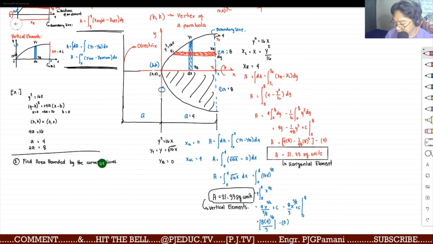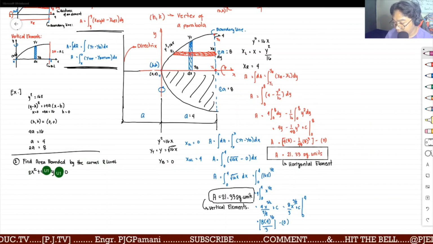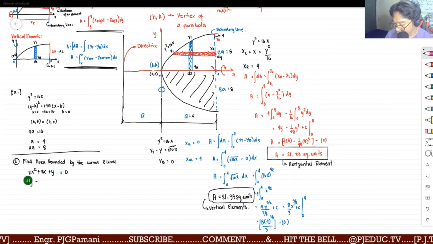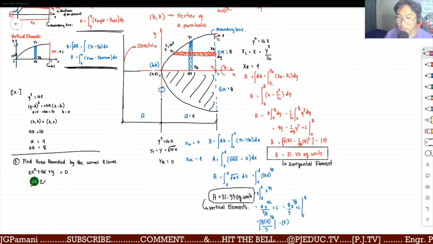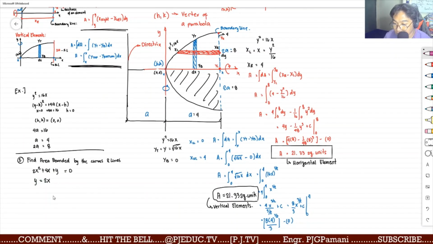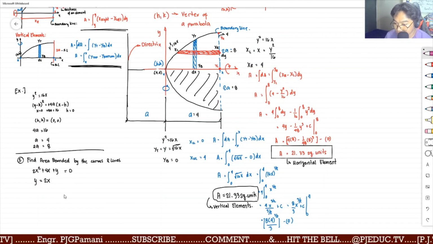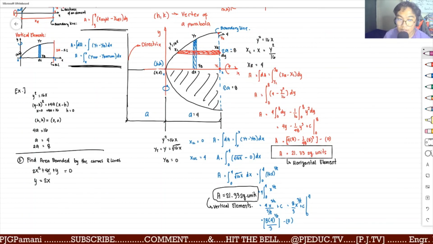By the curves and lines. 2x squared plus 4x plus y equal to 0 and y equal to 2x. So, makikita nyo na dyan kung nasaan yung line at saka yung may curve. 2x squared plus 4x plus y equal to 0. Then y is equal to 2x. Saan dyan si parabola? Saan dyan si line?